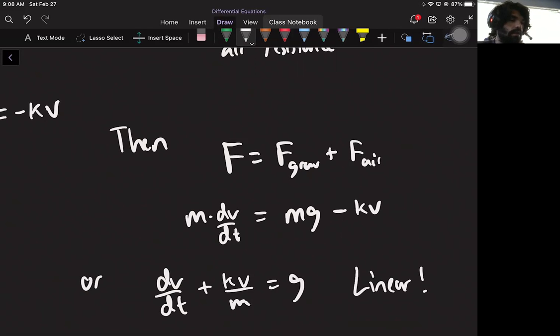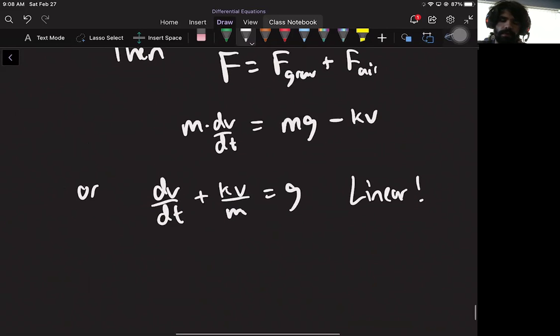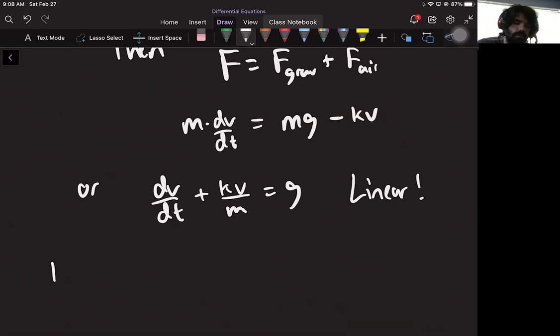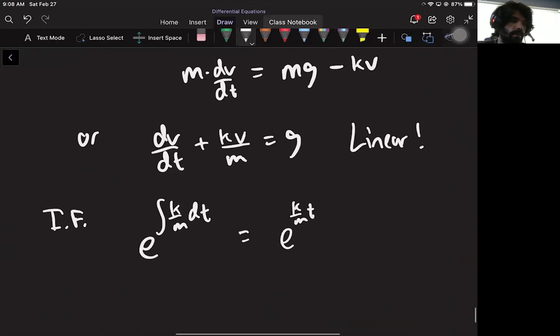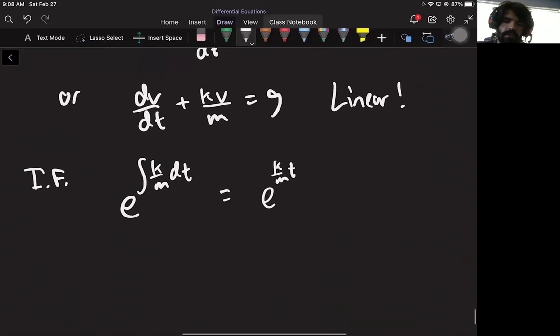So we can then use a technique to solve it. Integrating factors: e to the integral of k over m dt, and this will be e to the k over m t. That's my integrating factor. By now we're experts at integrating factors, so we multiply it to both sides.